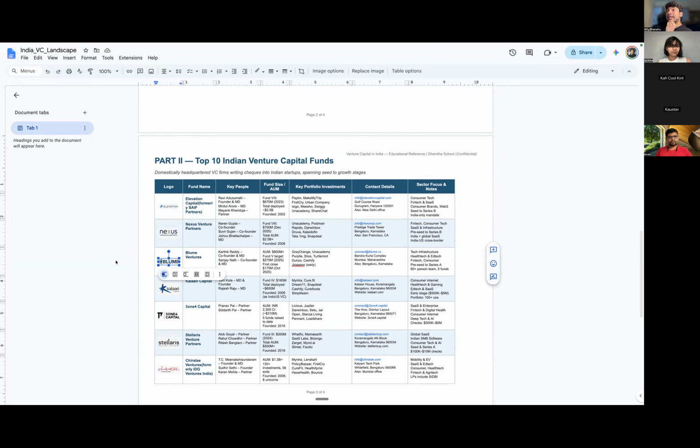Then let's talk about the Indian venture capital funds. This guy here, Bloom, is quite famous. Bloom's report is also very well read in the industry. A lot of difference between IRR and NPV, which is a better metric. IRR means internal rate of return. NPV means net present value. Very different thing.